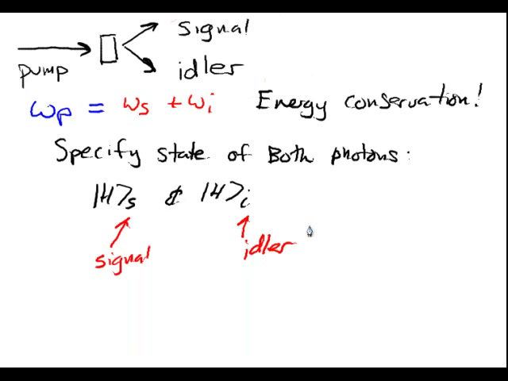So formally and technically, we need to write this state as a single state. And the way that we can do that is to specify the signal and the idler photon within the ket. Technically, this is represented by the direct product of the two vectors.